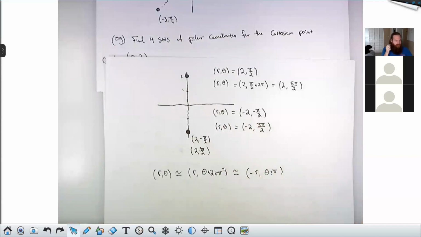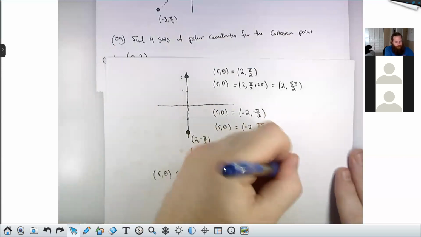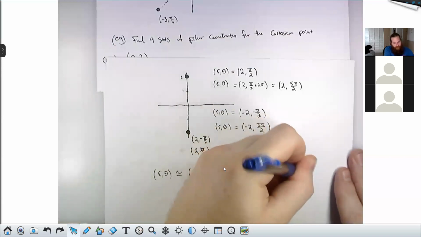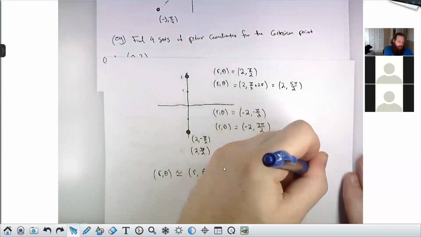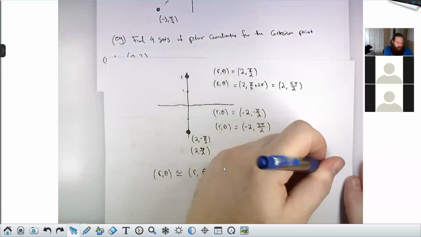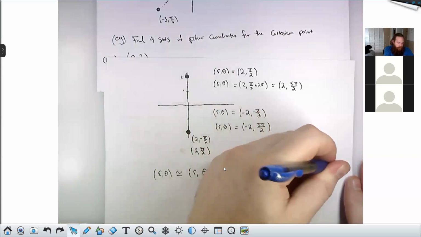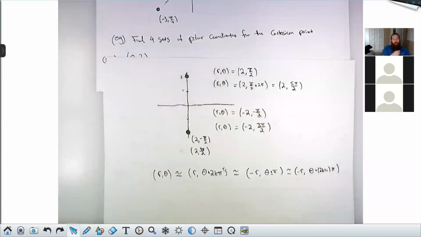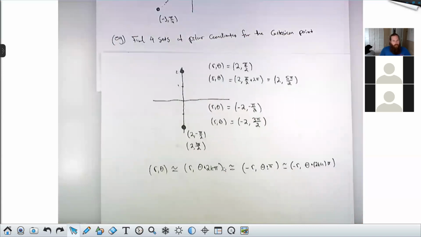And you could even generalize this one a little bit to negative r comma theta plus 2k plus 1 times pi. So you walk an odd multiple of pi. So this is, if you wanted to, kind of a collection of formulas that will all get you to the same polar point.